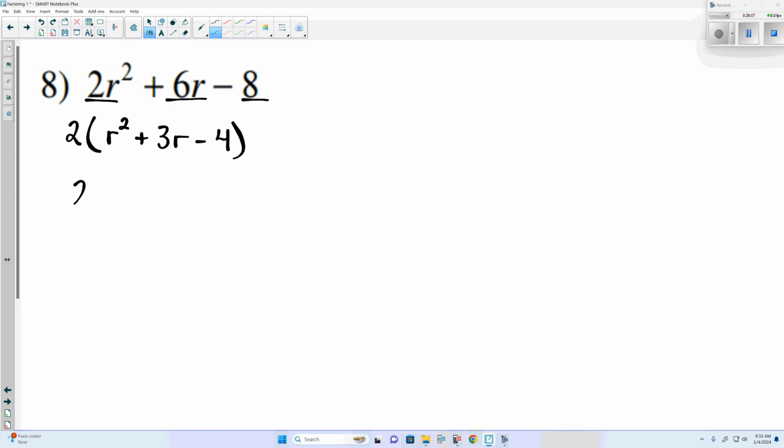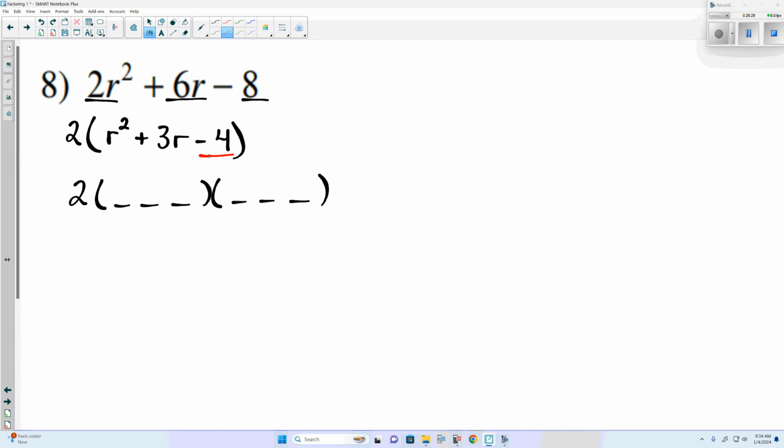Now the rest of the steps stay the same, because once we remove the greatest common factor, we go to our 2 sets of parentheses with 3 spaces. So we have this here. Then we look at our signs.